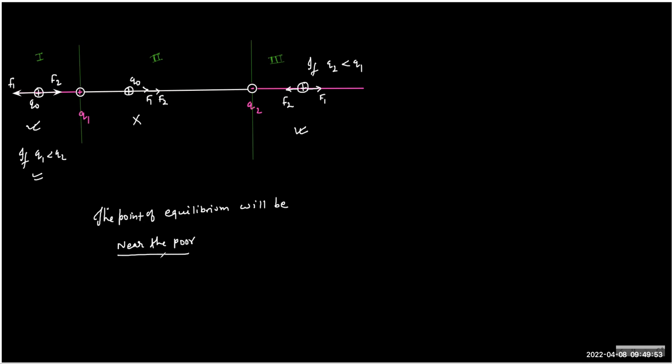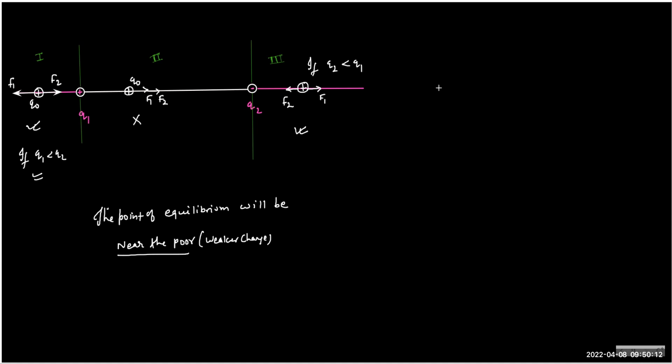Near means close by, and poor means the weaker charge. So the point of equilibrium you will always find near the weaker charge, not the stronger charge. Understood? Yes, sir.